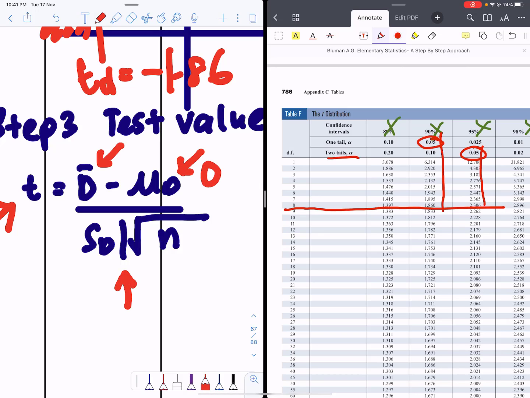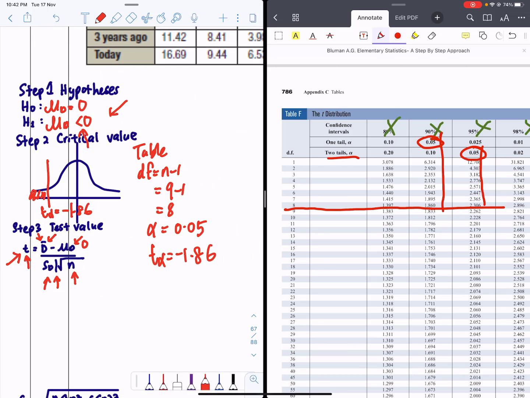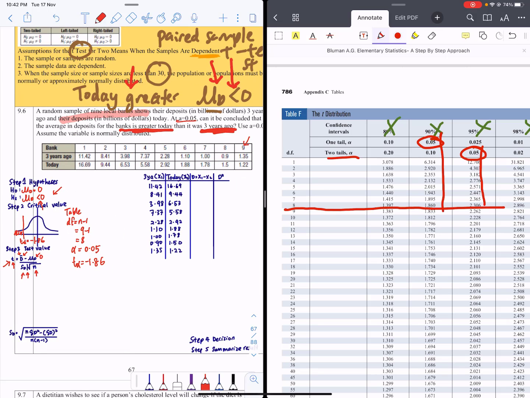For this one is 0 lah. That means to insert the values inside the t test formula, you need to find this one and also this one. Of course, the n itself, you know about the n. N is 9, right?